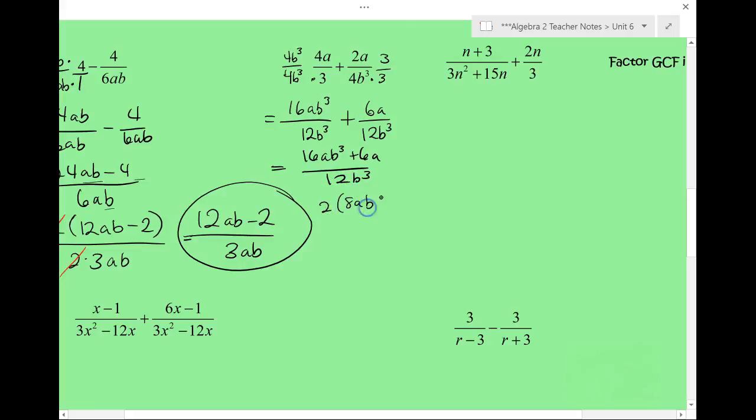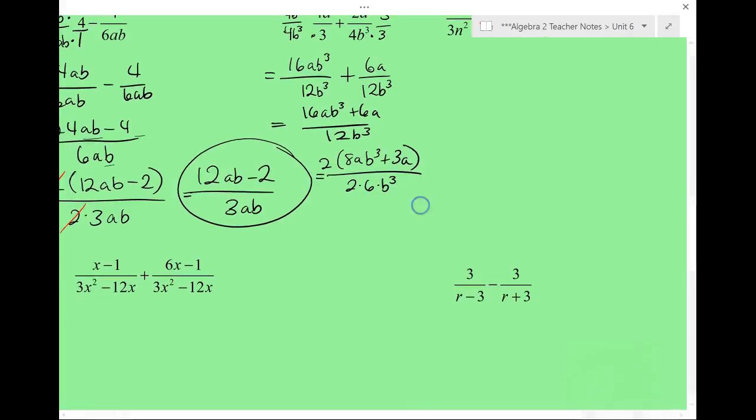So I'm left with 8ab cubed plus 3a, all over 2 times 6 times b cubed. And the common factor we would have here is 2 again. And it looks like there's no other common factors, so we would just rewrite the rest of the expression. 8ab cubed plus 3a all over 6b cubed.